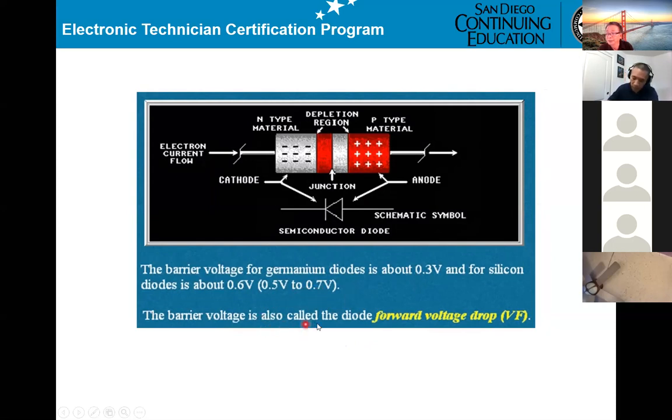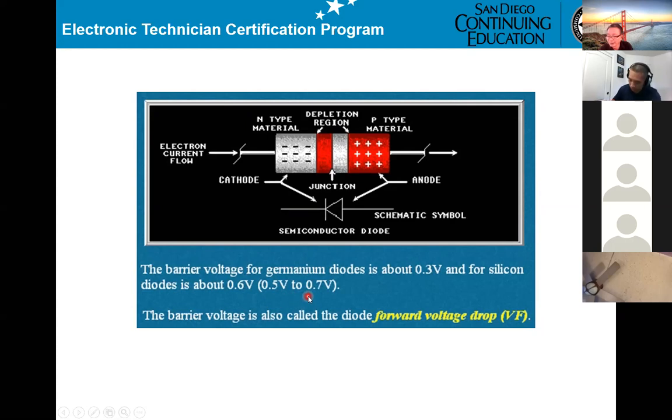The barrier voltage is also called the diode forward voltage. What that means is that at least 0.5 up to 0.7 volt allows electrons to move. So that's why you get a current in a silicon.